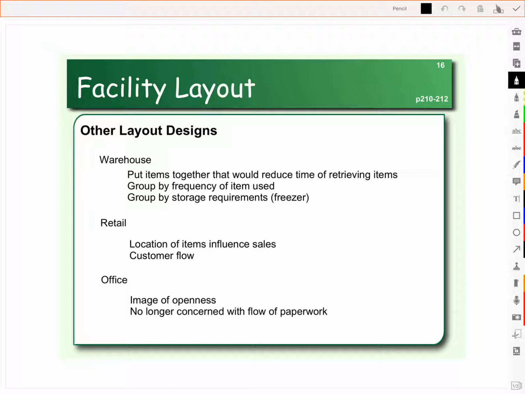If you have a retail space, then we have to consider how we are laying out our retail space. So think about last time you were at the mall, maybe you were shopping for clothes. When they lay out clothing at a store, what clothing do they put in the front? It's never the sale items. It's always the full price, newest stuff.